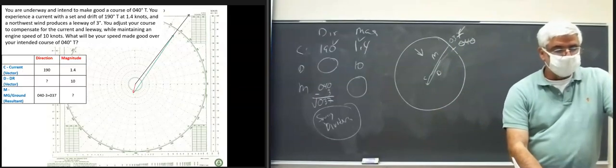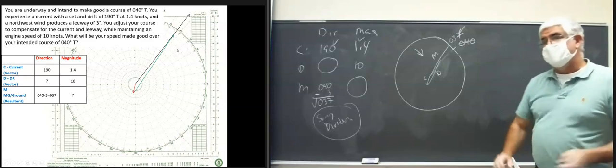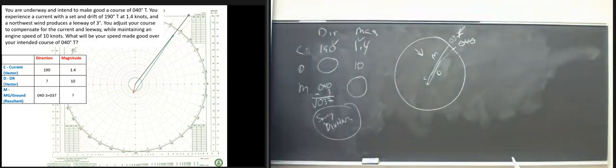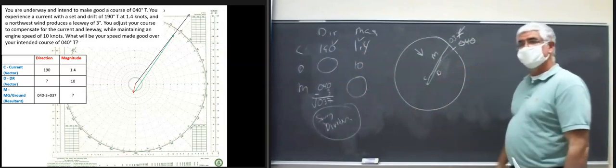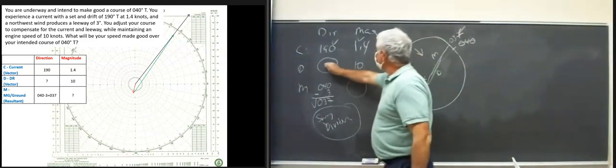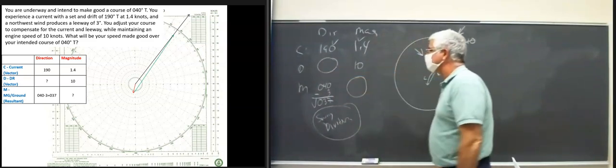Using the colors of the lines, can you see that this line is green, this line is black, and this line is red? They're not labeled on that. I guess I got a little lazy, but they are labeled here. So Tom, I want to know the direction I should steer. What course should I steer?